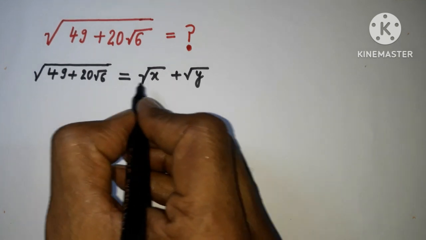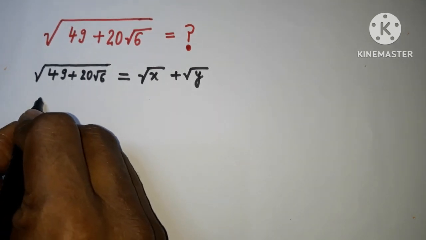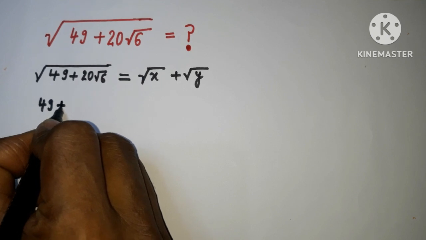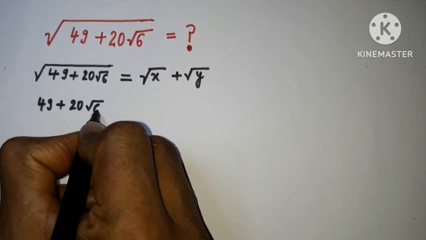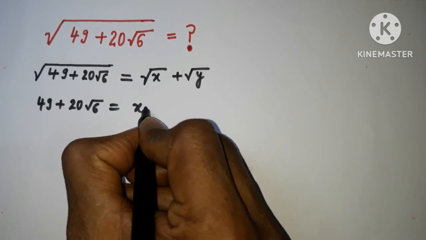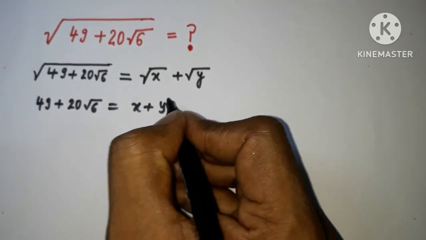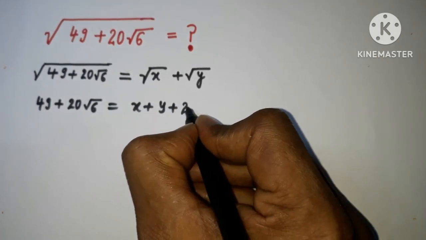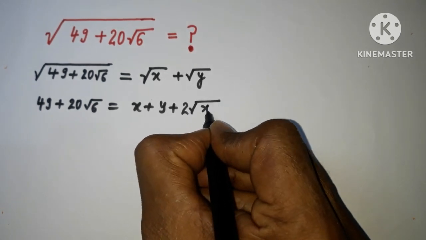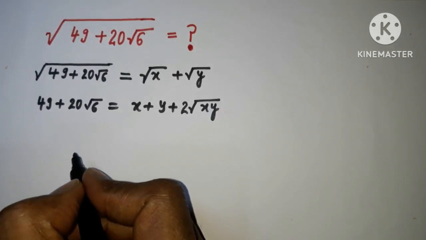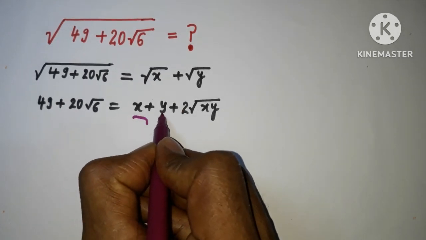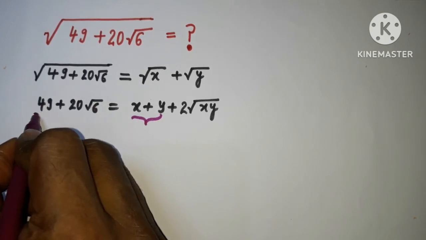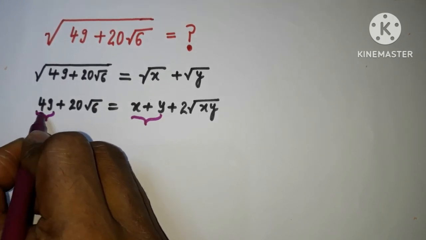If I am squaring on both sides, I will have 49 plus 20 root 6, and here we have x plus y plus 2 root under x into y, and then we can compare these two things. Here we have x plus y and here we have 49.